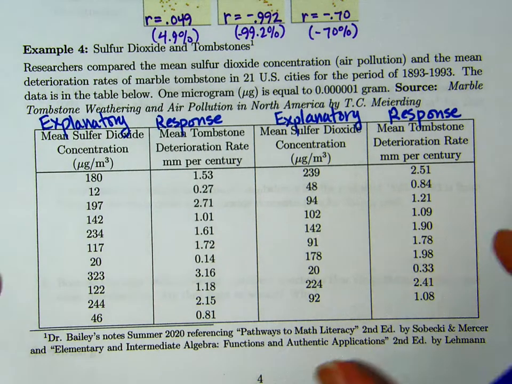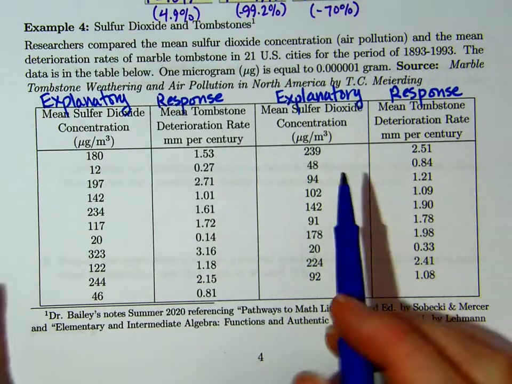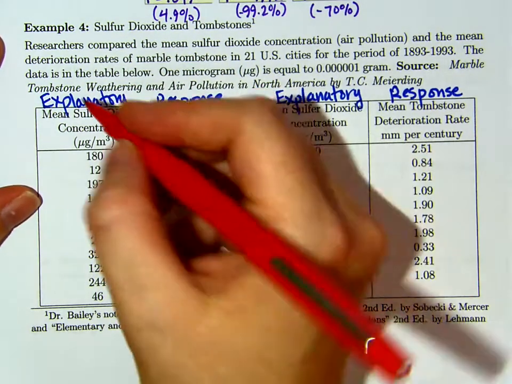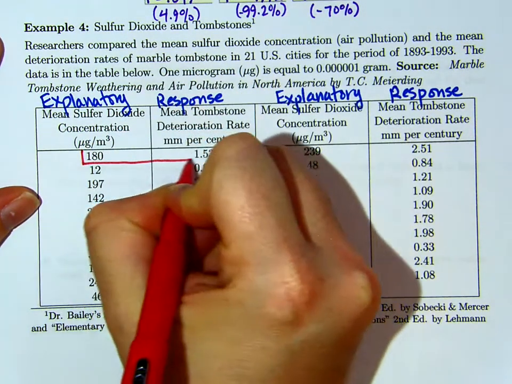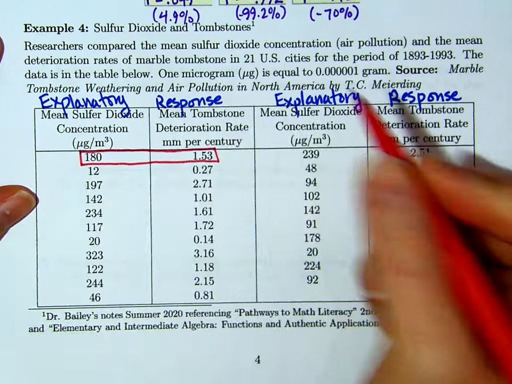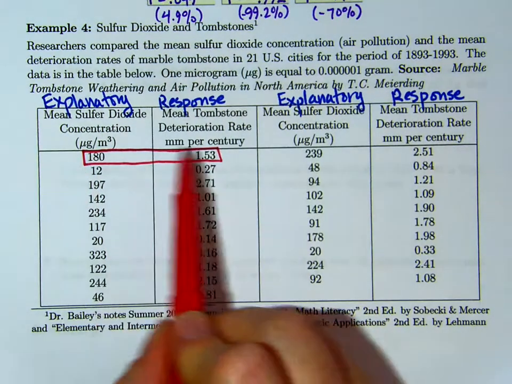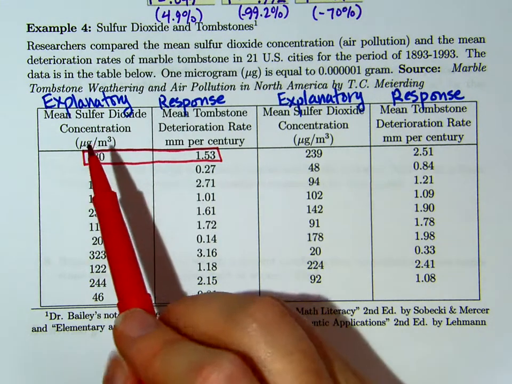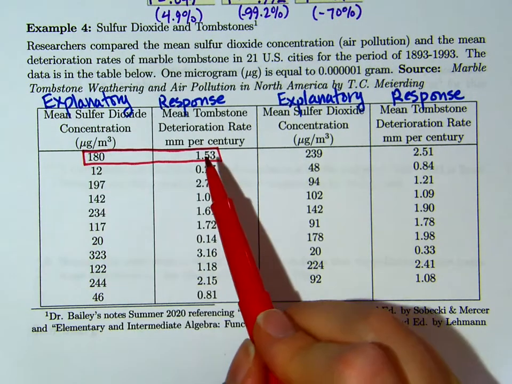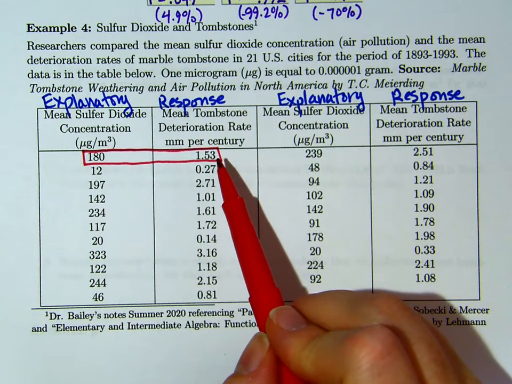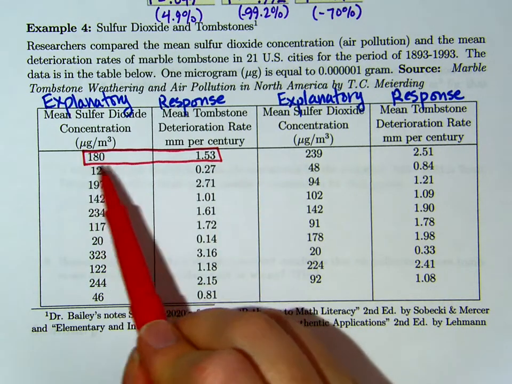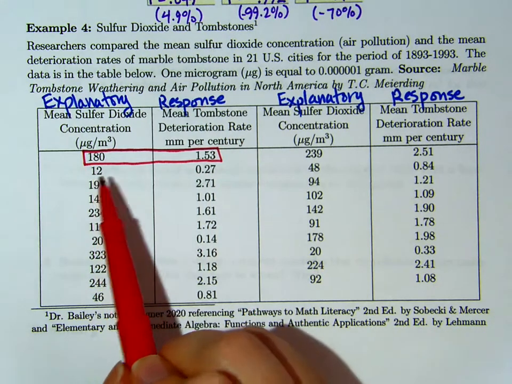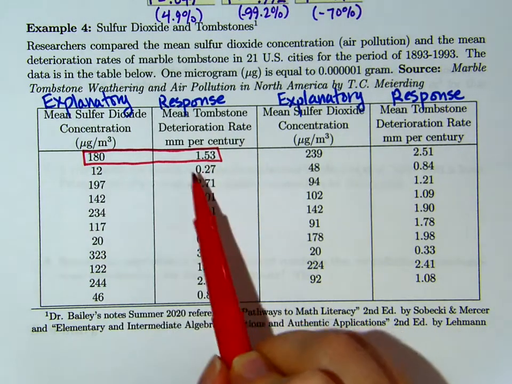Okay, now I need you to know that each one of these represents a city. So before I go to answer the questions on the next page, this coordinated pair represents the air pollution in one city and the deterioration of marble in that city. And we notice that if there's a high number here, okay, I've got 1.53 over the centuries, and if there's a low number here, it looks like this number is lower.